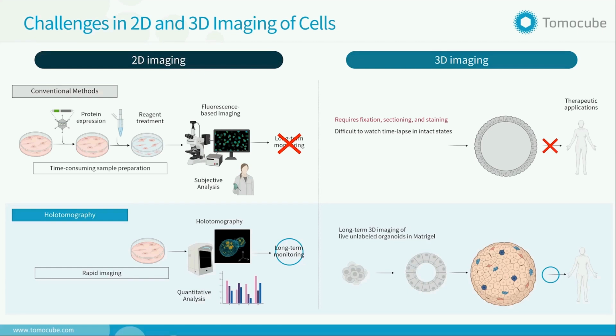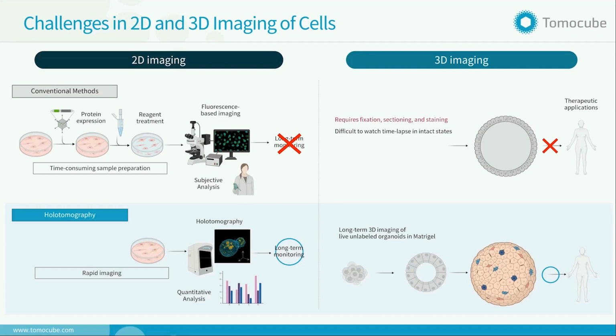And so you measure a snapshot of those organoids, and furthermore, that also cannot be used for therapeutic application. Whereas holotomography provides a label-free imaging technique so that you can keep watching the organoids grow over a long period of time. And 3D structures can easily be measured up to some size, up to 150 micrometers.